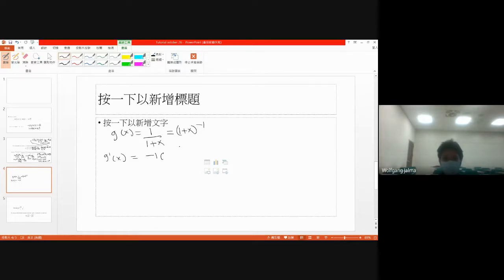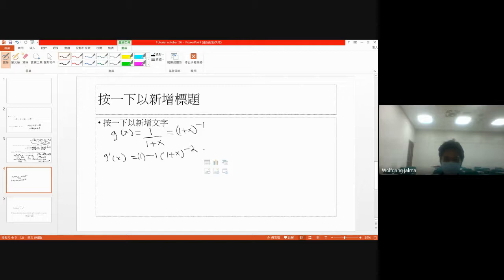You can take the inner first or outer first, but the inner one here is only x to the power of 1, so the inner derivative is 1. We can write it here, but I don't think we need to. So minus 1 times (1 plus x) to the power of minus 2, right?